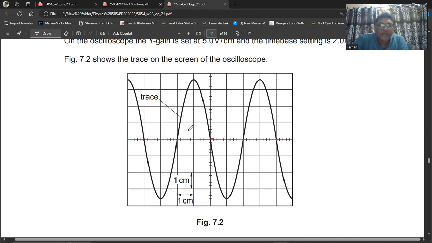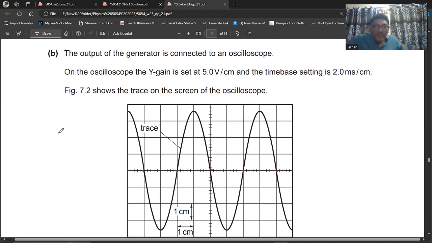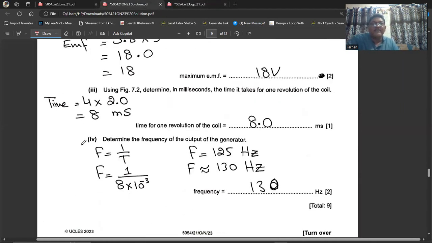So this is the time to complete one wave. Here 1, 2, 3, 4. There are 4 centimeters on the x-axis. 1 centimeter represents 2 milliseconds. So 4 multiplied by 2, that will be 8 milliseconds. That is the time period. And that answer is right.